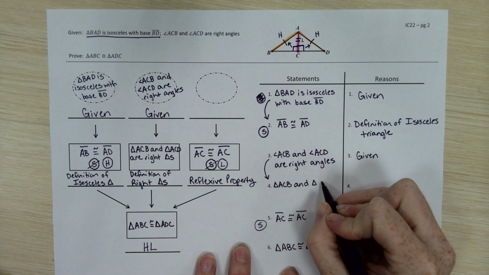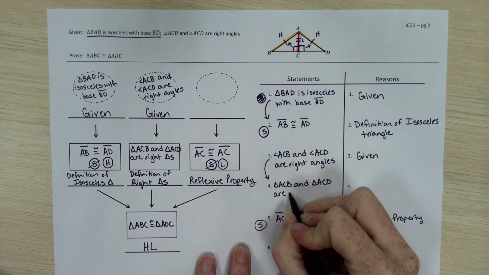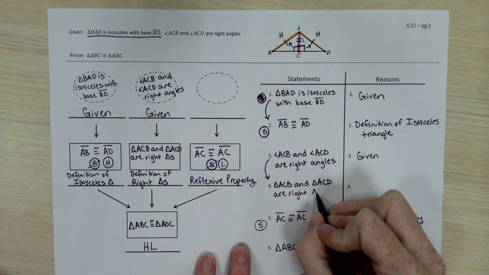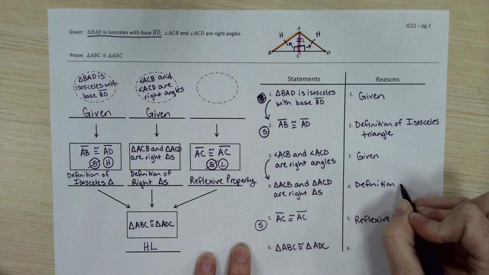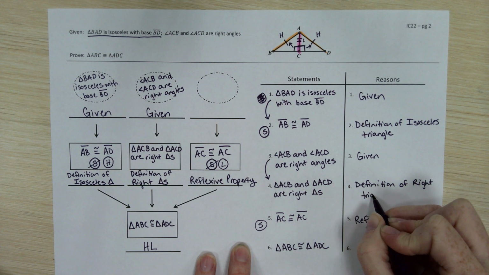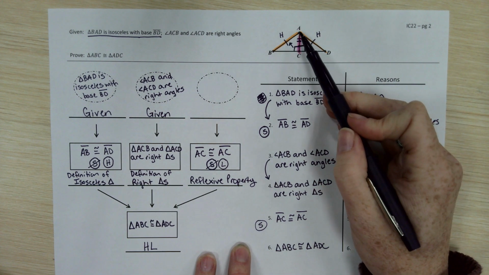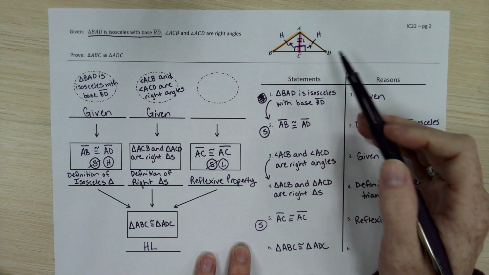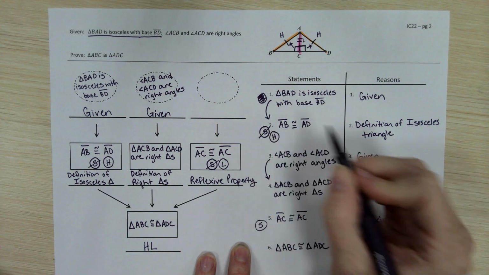So triangle ACB and triangle ACD are right triangles based on the definition of right triangles. And that allows me to go back to side AB and AD up here and call those two hypotenuse sides.